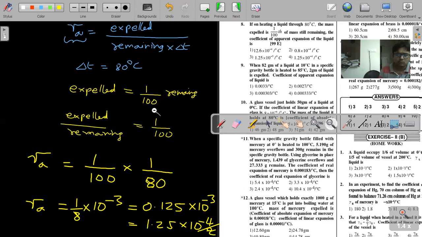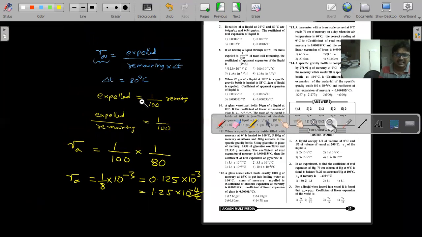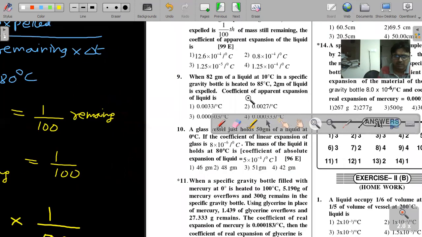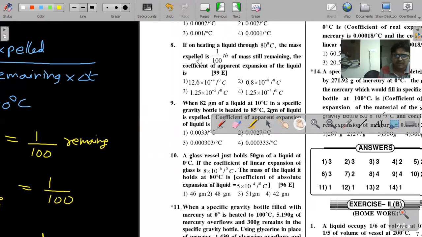I hope all the students in the class are clear till here. What I did, you check here: first gamma A, expelled liquid by remaining liquid into temperature difference. Temperature difference is 80. According to the question, they told that expelled is 1 by 100th of the mass still remaining.